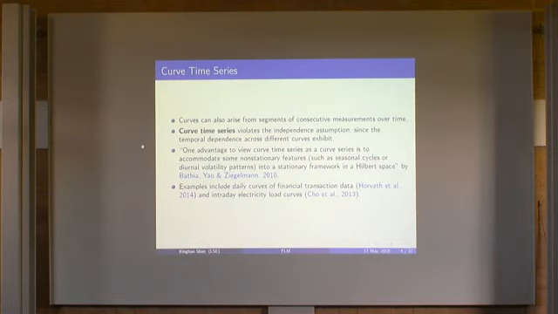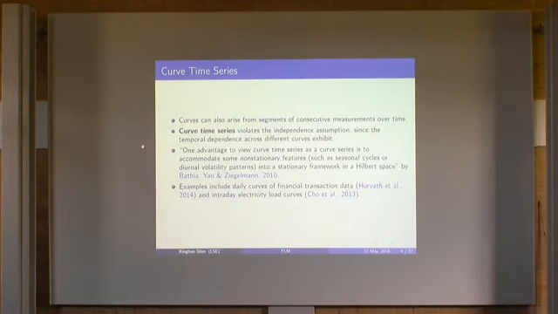The current literature focuses on IID functional data. However, it is possible that the functional data can be dependent. The curves can also arise from segments of consecutive measurements over time. Some people call this type of data functional time series, but I prefer to call it curve time series. This curve time series violates the independence assumption, since serial dependence across the curves will exist.